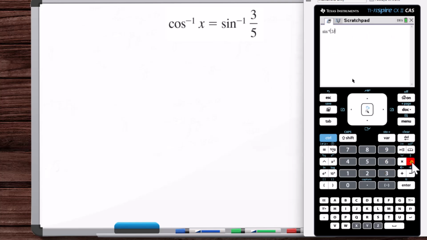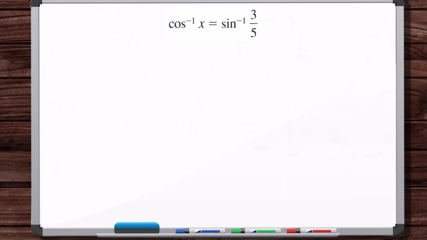So, okay, 36.87. And this is in degrees.